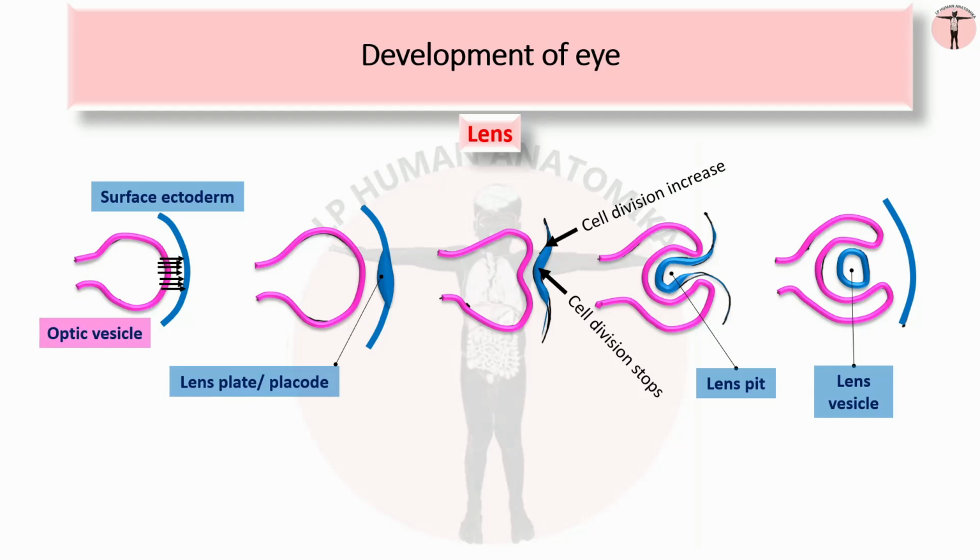As it loses contact with surface ectoderm, the lens vesicle comes and lies in the mouth of the optic cup. If the area of contact between the optic vesicle and surface ectoderm is less than normal, a perfectly formed but microphthalmic eye can result. Let us now focus only on the lens and see its further development.